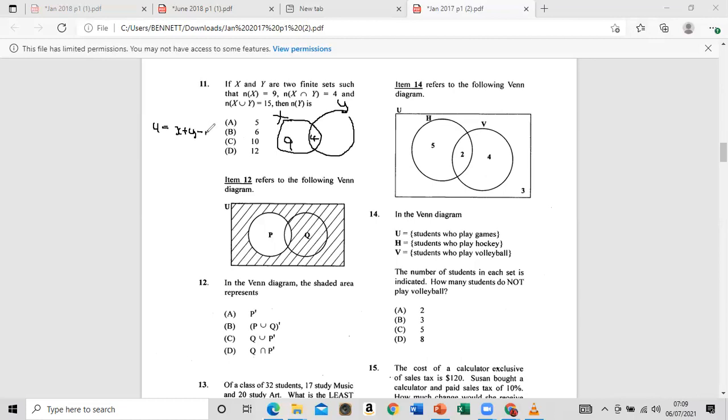So, all right. What we know is that the union is 15. So we just equate it to 15. Then the number in x will be 9 plus, we don't know our y, so put y minus the 4, right? And then we transpose.